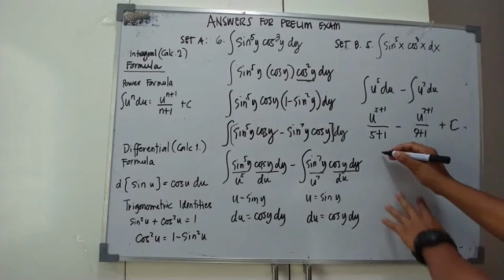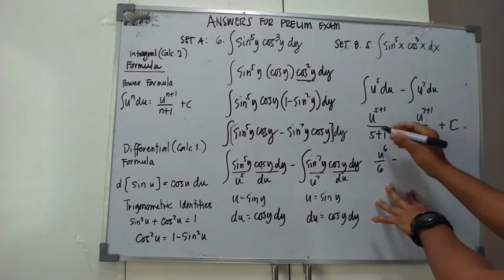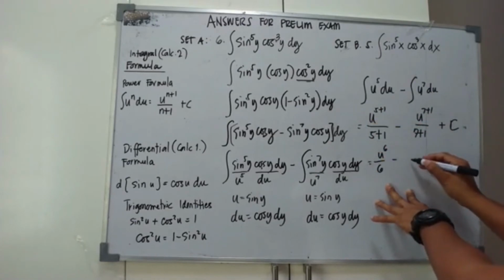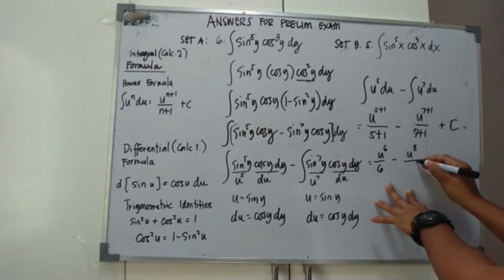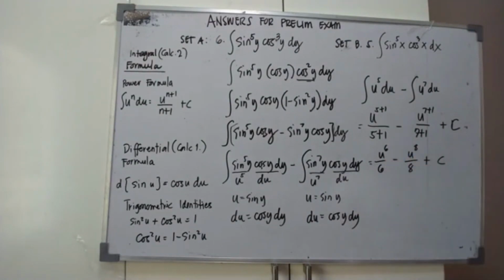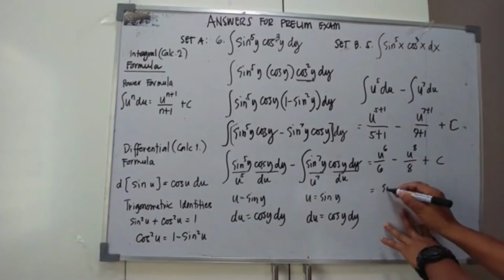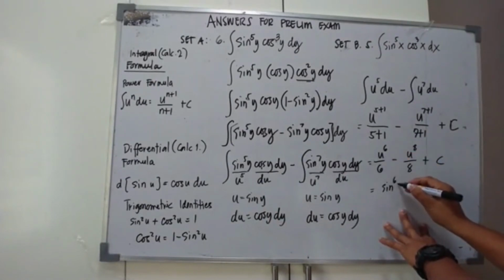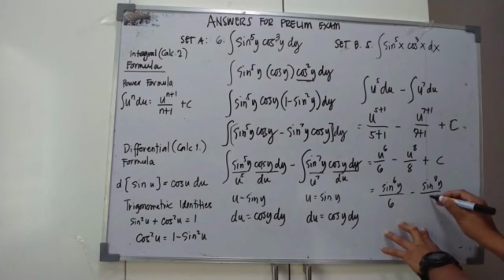Simplify: this is equal to u raised to 6 over 6 minus u raised to 8 over 8, plus c. Then substitute the original value of u, which is sine of y. So this is equal to sine raised to 6y over 6 minus sine raised to 8y over 8, plus c.